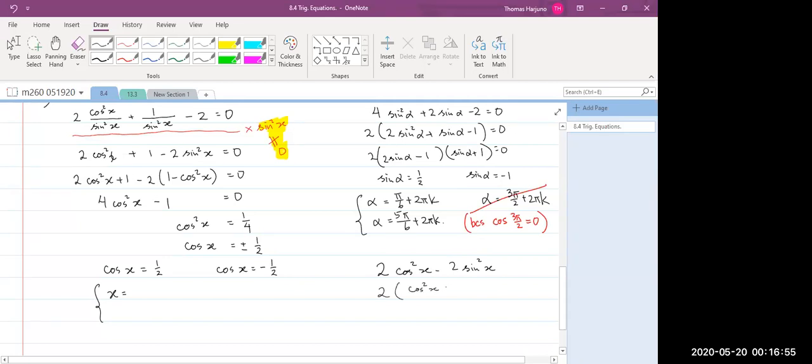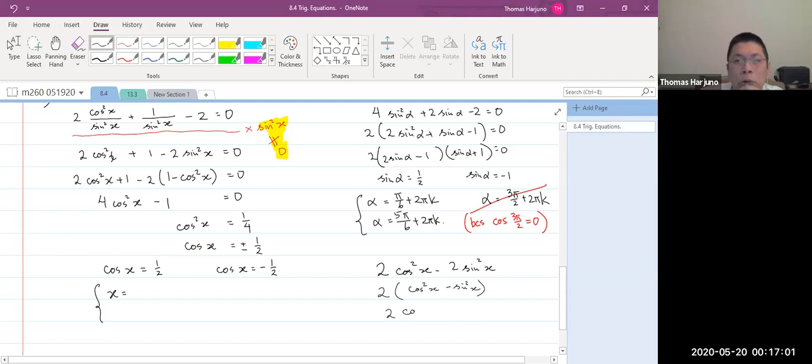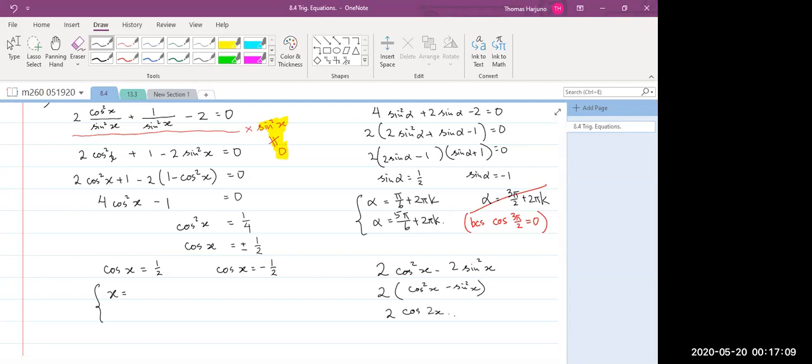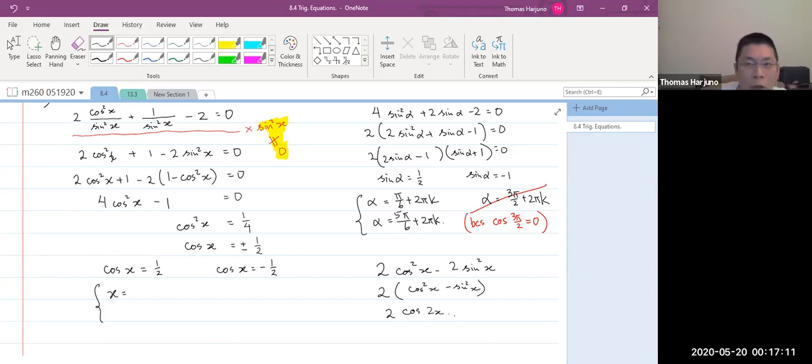Oh, I mean 2 cosine 2x. Yes, you can. If you want to do it that way, then go ahead.